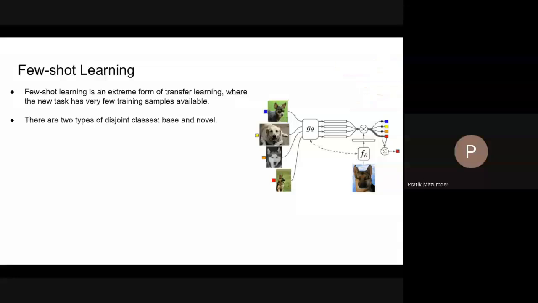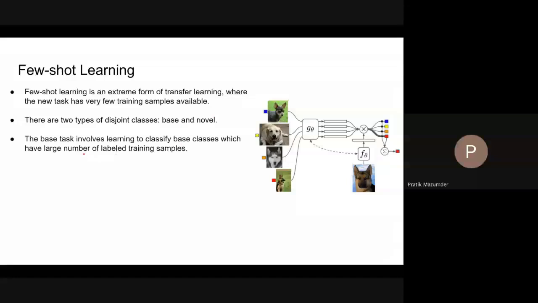In this particular setup, we'll describe the settings first, and then we'll come to the solution. You have 2 types of classes: the base classes and the novel classes. Your base classes have a large number of training samples, which sounds similar to the standard transfer learning setting.